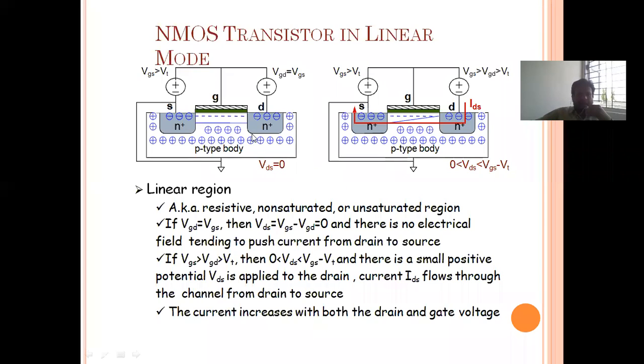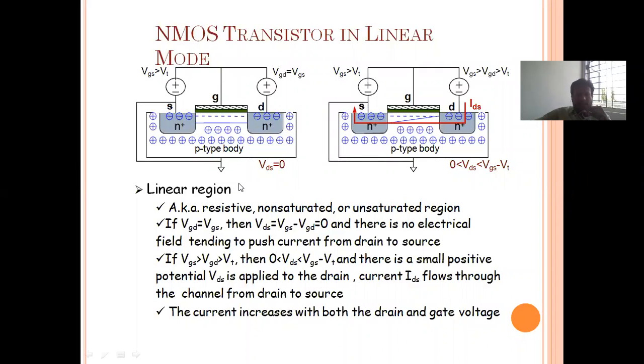If VGD is between VGS and VT, greater than VT and less than VGS, and VDS is between 0 and VGS minus VT, the drive voltage, a small positive potential VDS is applied to the drain, so current starts to flow, IDS from drain to source.